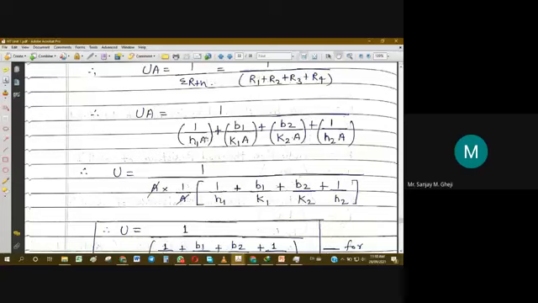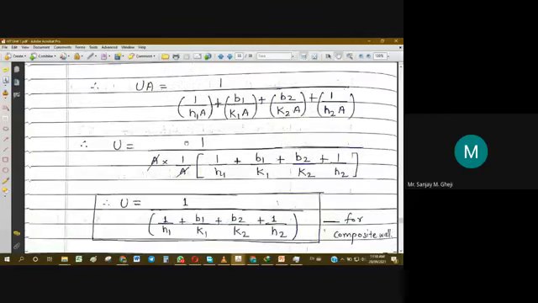Area A will be multiplied to every component here, and for every component you see this 1 upon A is a common term. So 1 upon A can be taken out of all these terms as a common factor. So 1 upon A into this A, both cancel out each other. What remains is 1 upon h1 plus B1 upon K1 plus B2 upon K2 plus 1 upon h2.